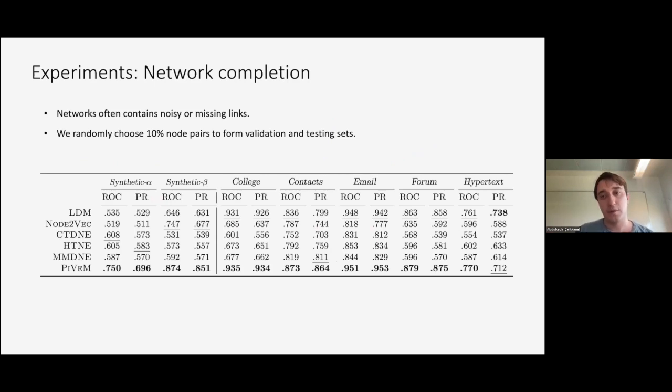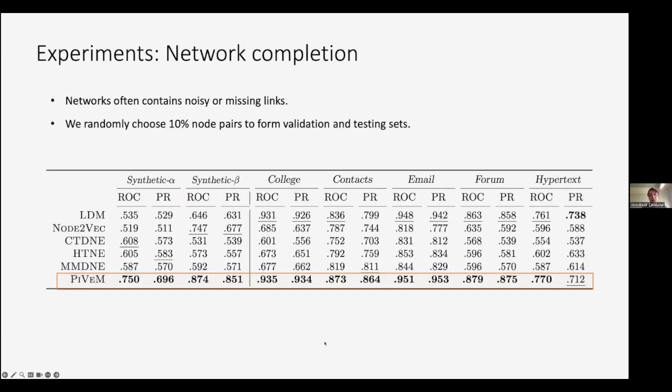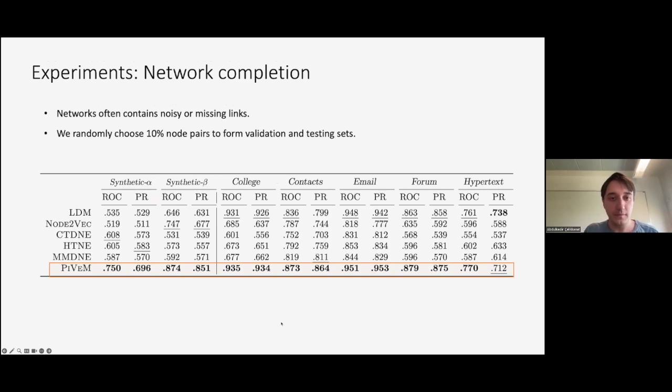Then we train the model on the residual network. Here, LDM and node2vec are static embedding methods, and the other ones are continuous-time network embedding approaches. We outperform most of the baselines in terms of the AUC-ROC and PR scores.